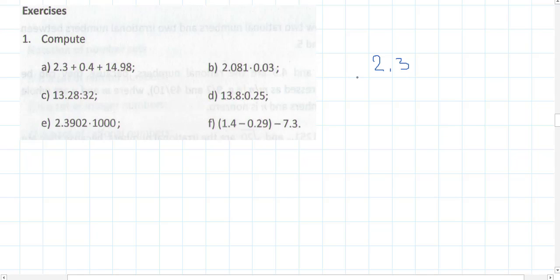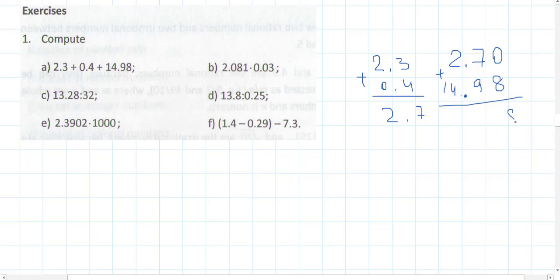2.3 plus 0.4, it will be 2.7. Then we need to add 2.7 plus 4.98. The point should be below the point. Here we have just 0, we can write zeros at the end, and it will be 8.